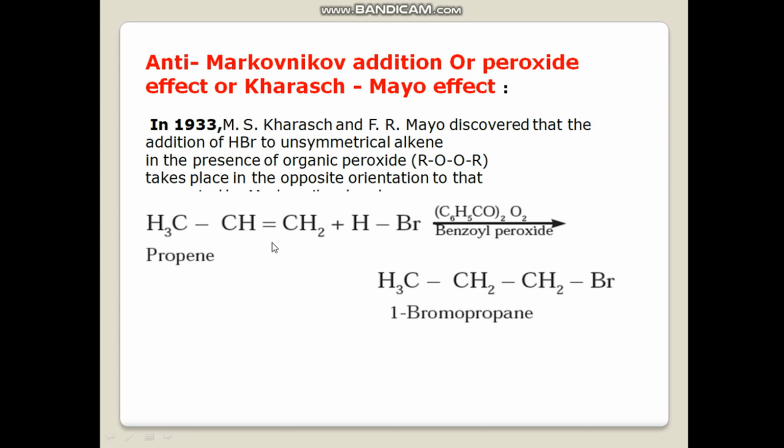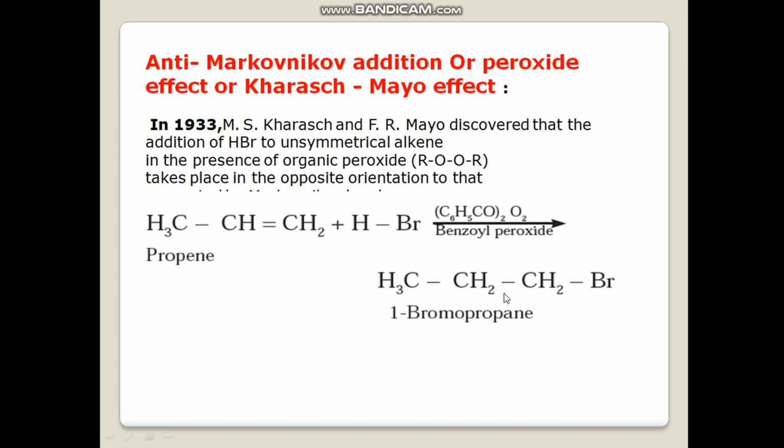See the example, same example, propene and the same reagent, HBr. In the anti-Markovnikov rule, the negative part of the reagent gets attached to that doubly bonded carbon atom which has more number of hydrogen atoms.